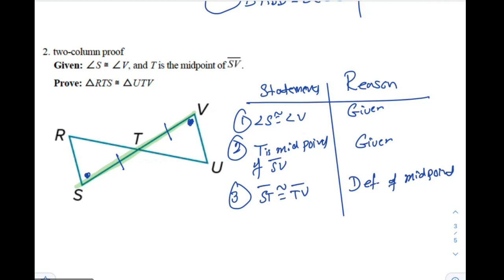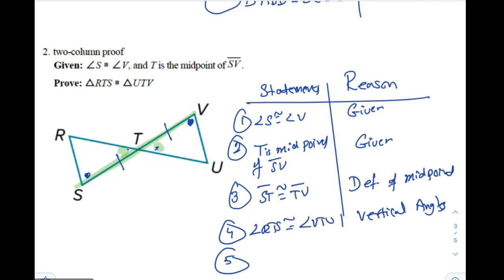So we have here a side, an angle, and we know directly that this angle, let's change the color, this angle is congruent to that by the vertical angle theorem. Everyone knows that now, so we will copy that. Angle RTS is congruent to angle UTV, vertical angles theorem.